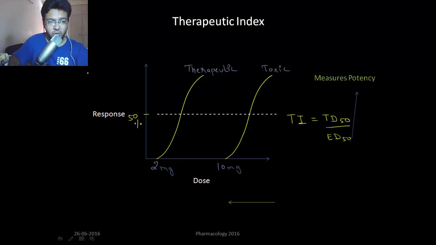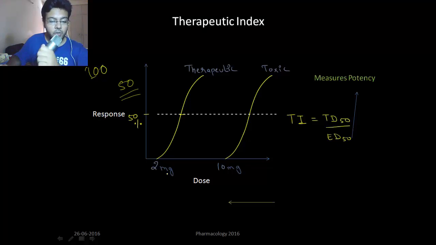Now let's suppose you have 100 patients, and to these 100 patients you give a 2 milligram tablet and you mark the response. Out of these 100 patients, 50% develop an effect, right? We call this the effective dose in 50% of the population, at 2 milligram.